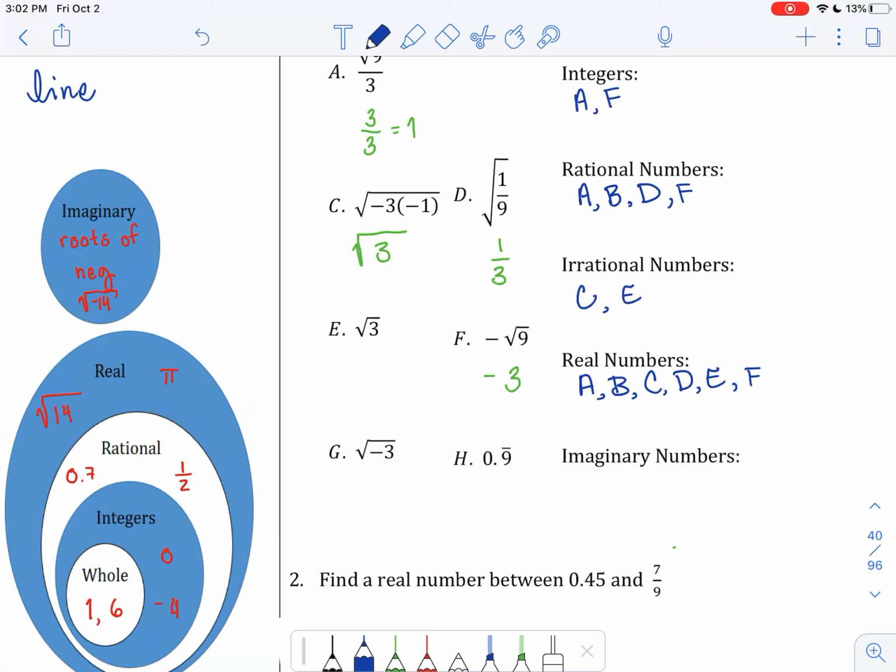G is our first square root of a negative, which means that's our only imaginary number. Now, H is a little tricky, and this is one of the ones that my students tend to not believe me on, but this simplifies 0.9 repeating to 1.